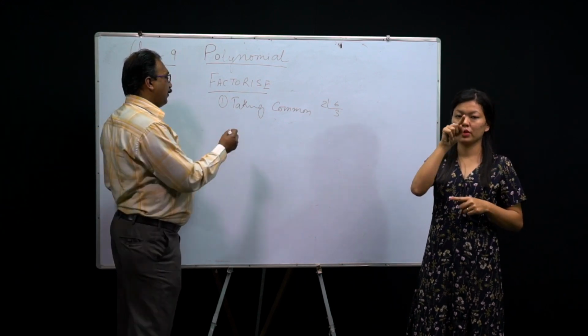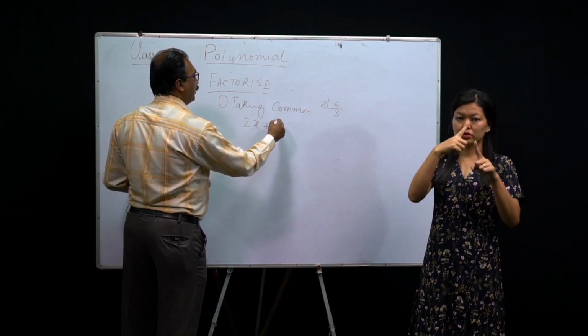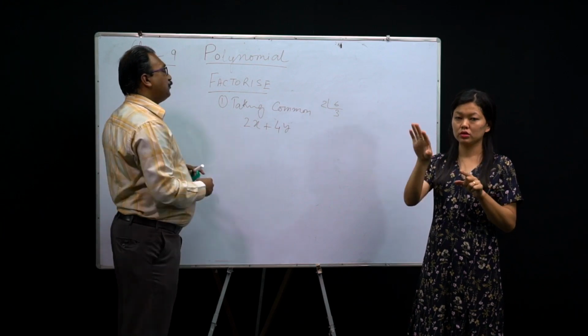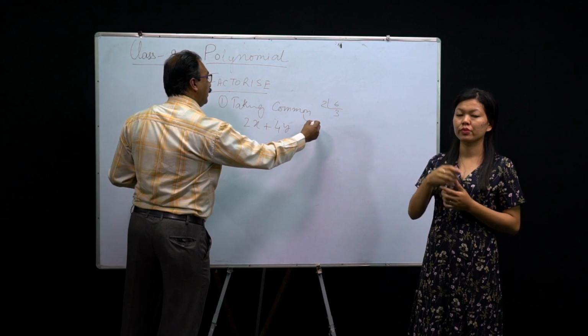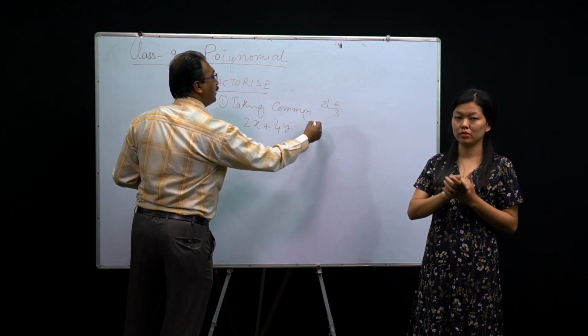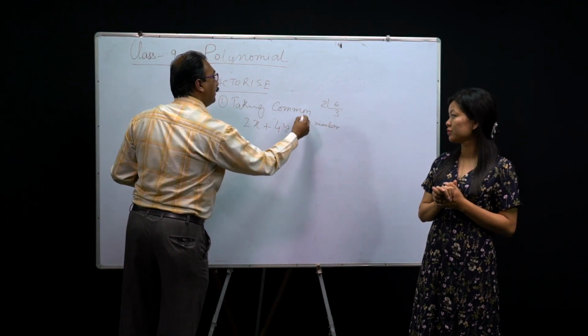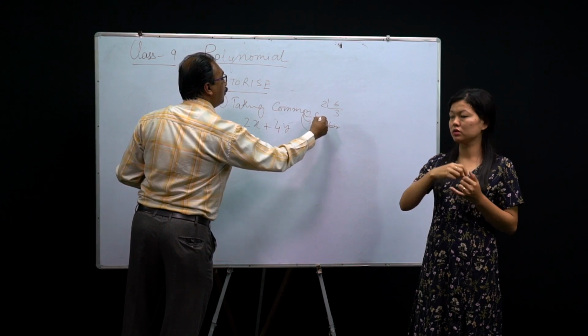Clear? For example, if I write 2x plus 4y, for taking common there is a criteria. First you have to think of the number, whether it is common or not.